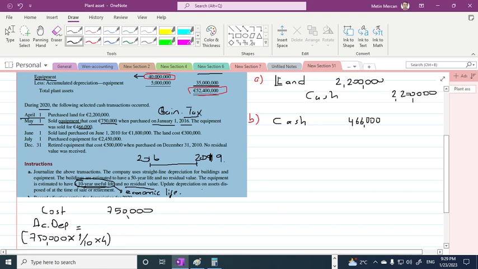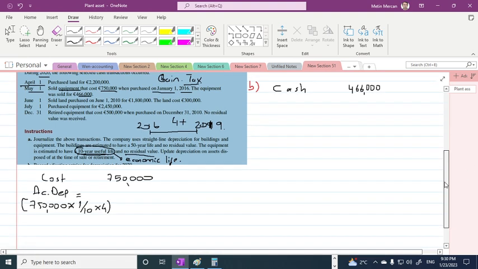So 4 years plus from this year, 2020, May 1. So how many months have passed? January, February, March and April, 4 months more. So you will add here the sum of 4 months.